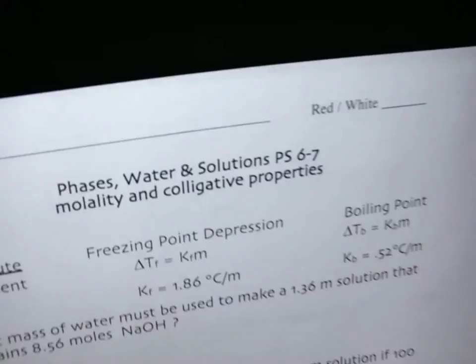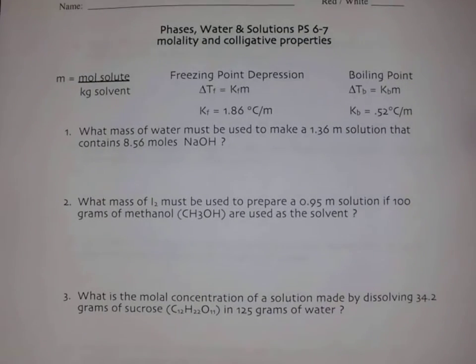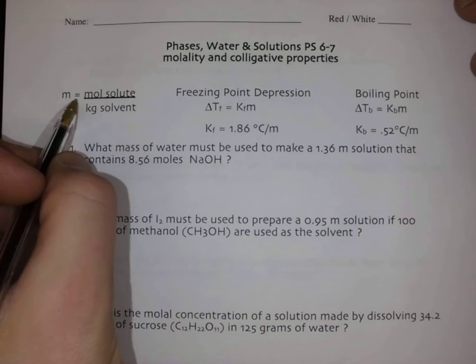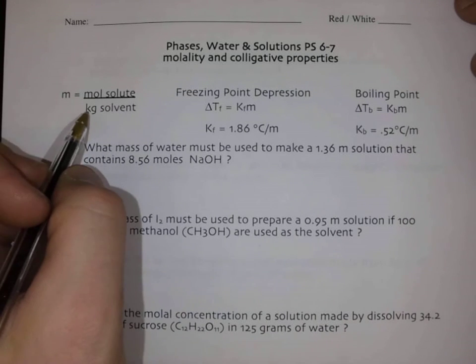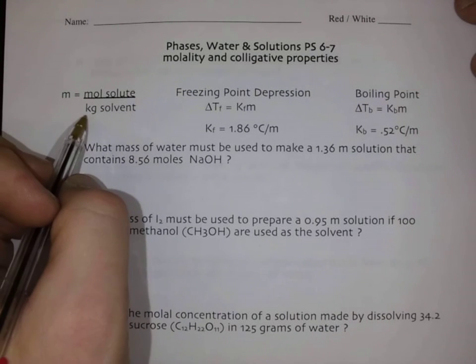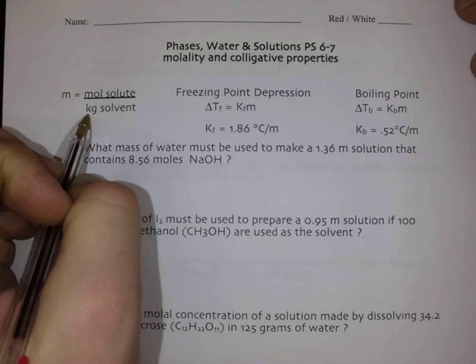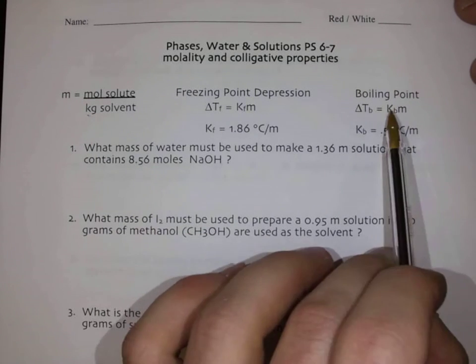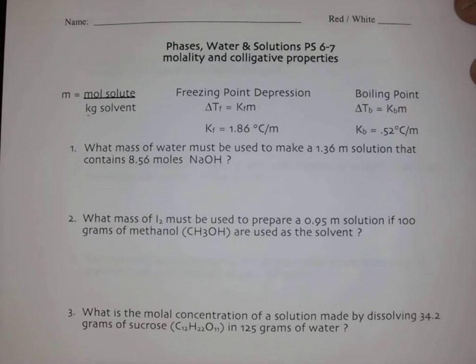All right, so we're going to look at the equations that we can use to describe this. Again, colligative properties depend on the molality. So we're going to have to use moles of solute per kilogram of solvent. Then we can use our freezing point depression and boiling point elevation equations.